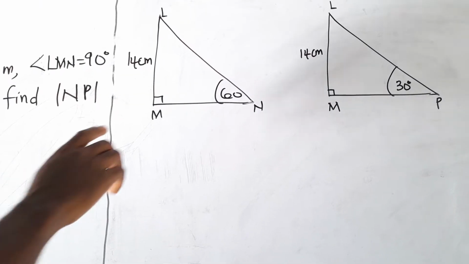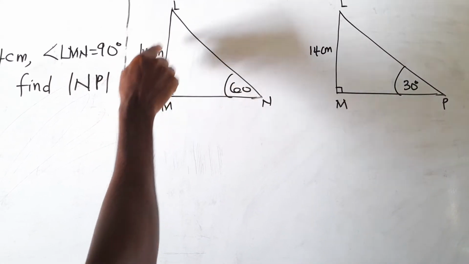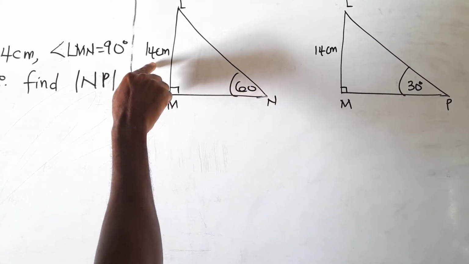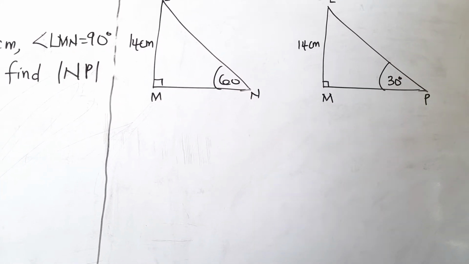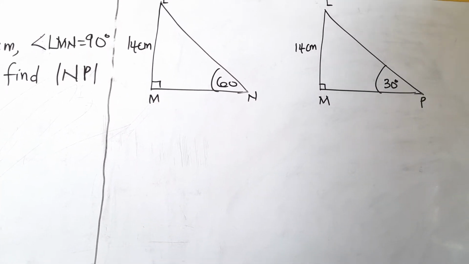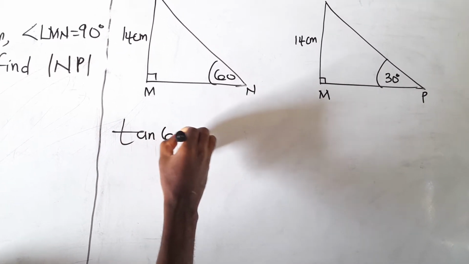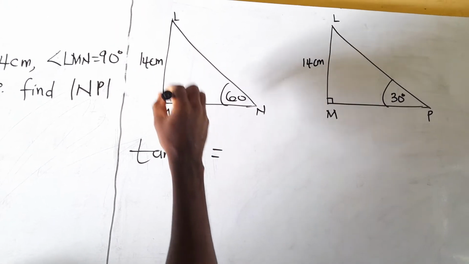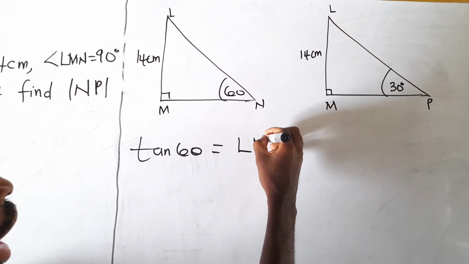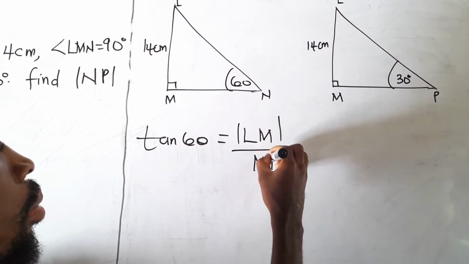So to find MN, LM is the side against the angle, which is the opposite, and MN will be adjacent. So we use the mnemonic SOH CAH TOA, that's tan. We can say tan 60 will be equal to opposite over adjacent, that's LM over MN.